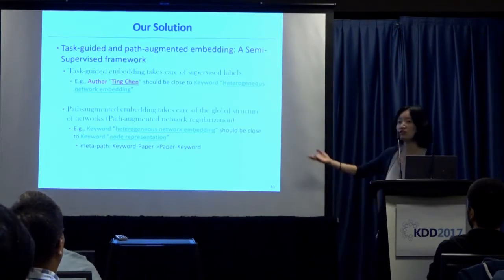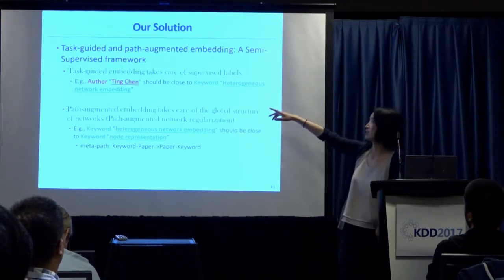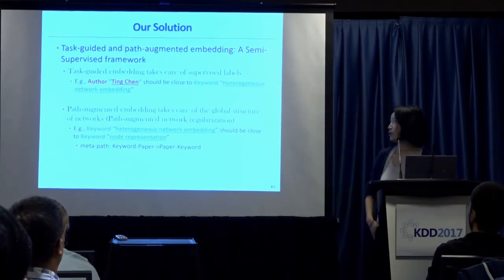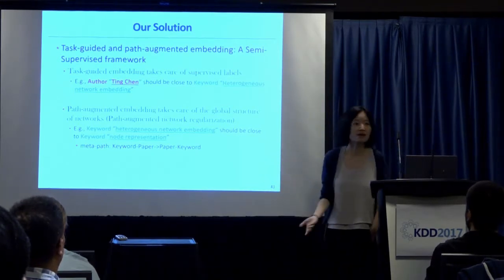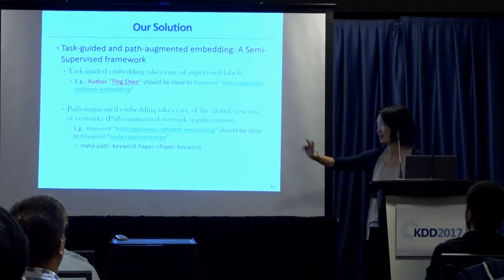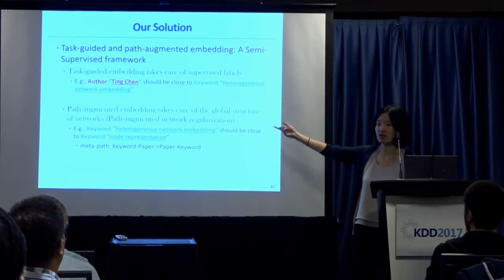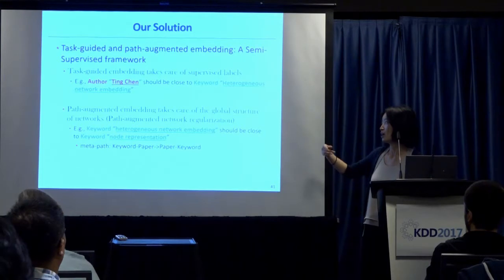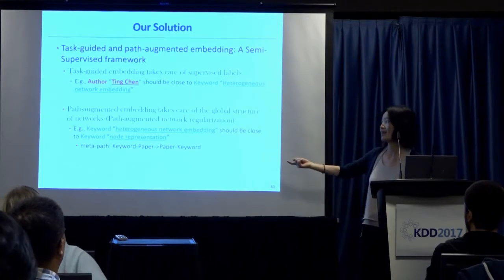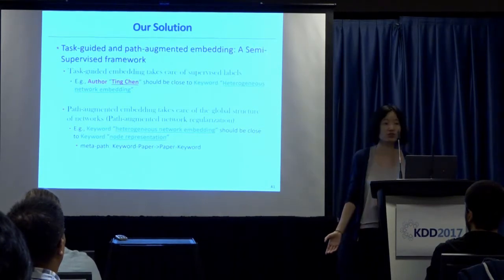So that's why we want to utilize the remaining part of the network. For example, my student, Ting Chen, has written a paper with the keyword heterogeneous network embedding. But according to the remaining network, suppose the citation between keywords, where a paper including some keyword cites another paper including another keyword, so we have keyword citation. We see that heterogeneous network embedding actually cites another keyword like node representation frequently.